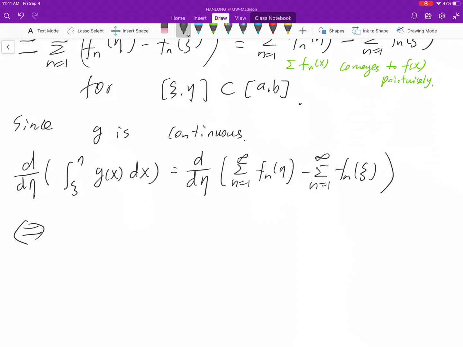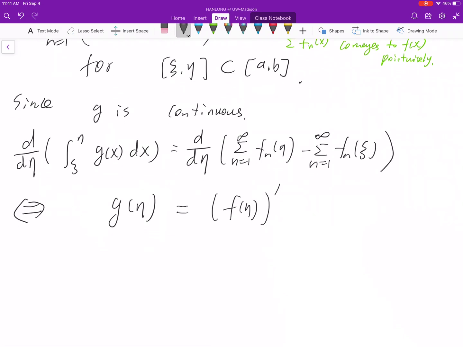Okay, then on the left-hand side, by the Newton-Leibniz rule of the fundamental theorem of calculus, we have G eta. On the right-hand side, we have the derivative of F. If we change variable eta to x, then we plug in the definition for f.